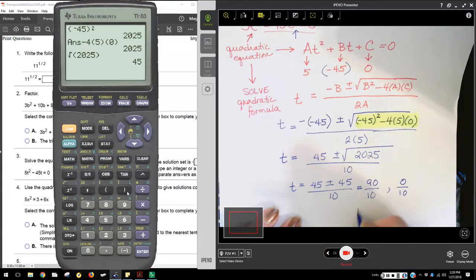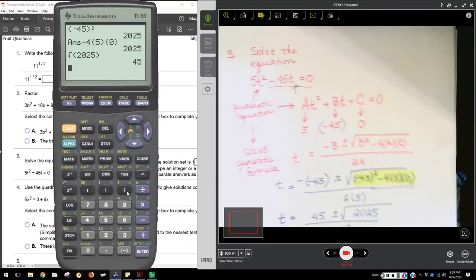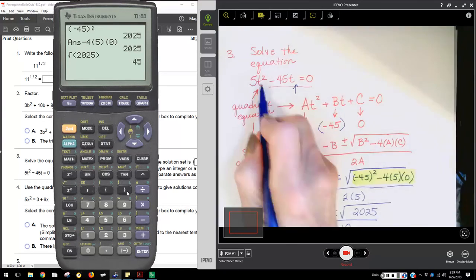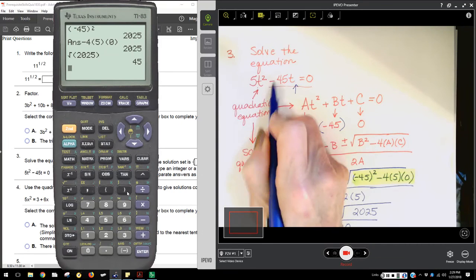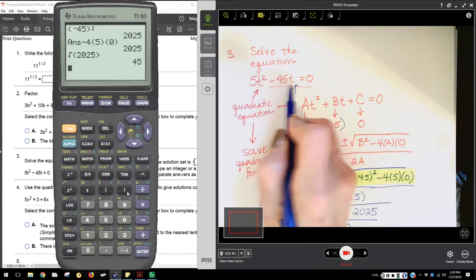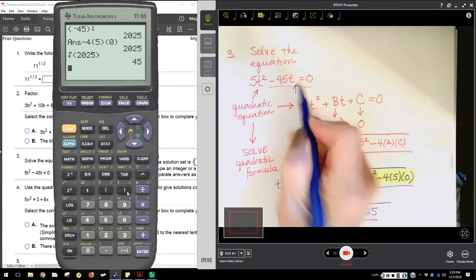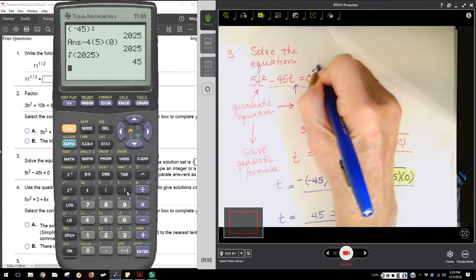So that tells me that t is equal to 9 or t is equal to 0. And 0 is kind of a redundant answer here. But it is still a value because, of course, if t is equal to 0, then 5 times 0 squared minus 45 times 0 is 0 minus 0, which is, of course, 0. So 0 is a solution.